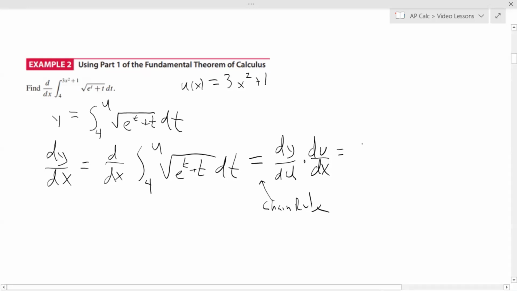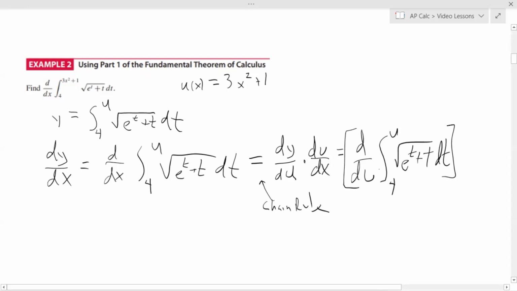So we can think of this as the derivative with respect to u of the integral from 4 to u of the square root of e to the t plus t dt, all of that times du/dx. Now, du/dx is the same as u prime, so u prime of x is 6x.